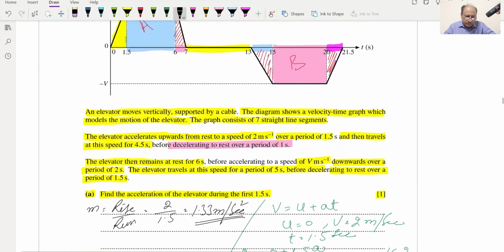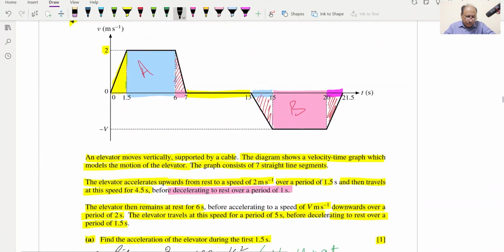So a plus b, opposite sides. We can take this length, basically this length will be 6 minus 1.5 for this one, and this length will be what? 6 minus 1.5, this will be equal to 4.5.